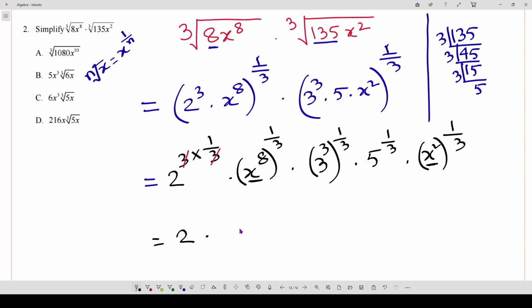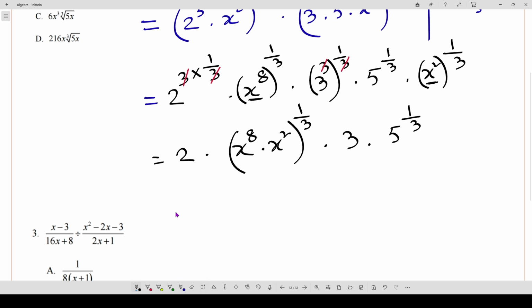So in this case we can write x to the power 8 times x squared, all to the power 1 by 3, okay, times 3 divided by 3, so here is only 3, and 5 to the power 1 by 3 will be unchanged. Now 2 times 3 will be 6, times x to the power 8 and x squared.